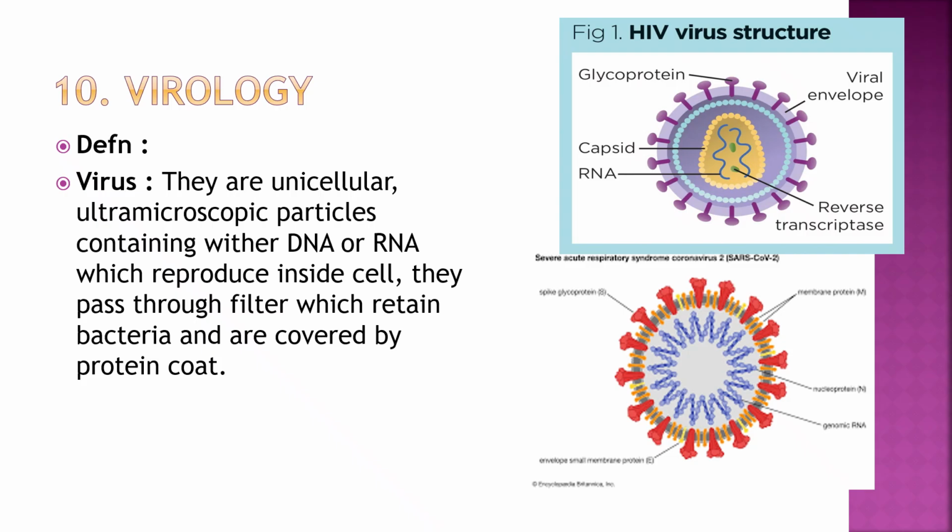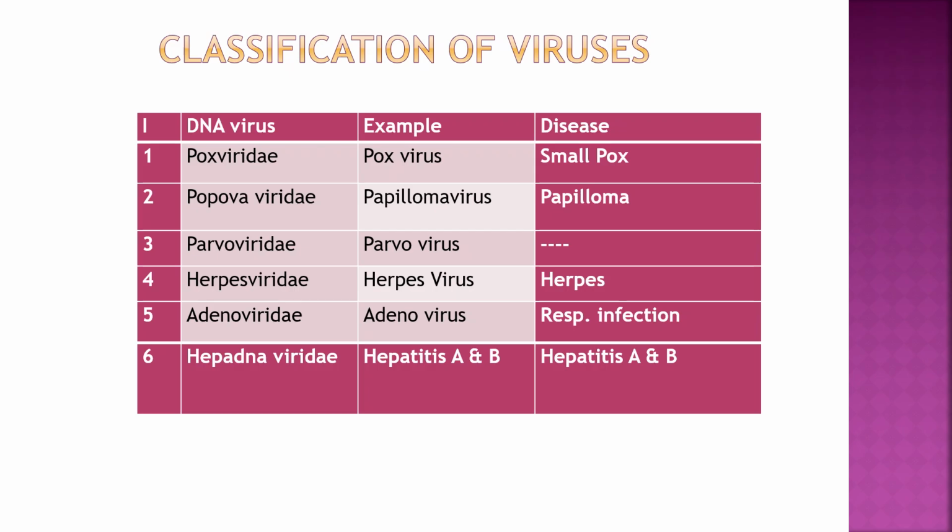So this is virus. The classification of viruses depends on the nucleic acid they contain. Either DNA, they are called DNA viruses, or RNA, they are called RNA viruses. In DNA viruses, mainly it is Poxviridae, the example is pox virus, and the disease caused by this is smallpox.